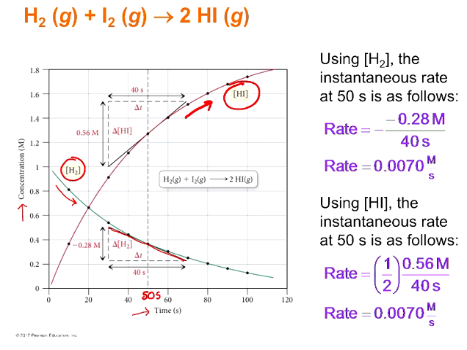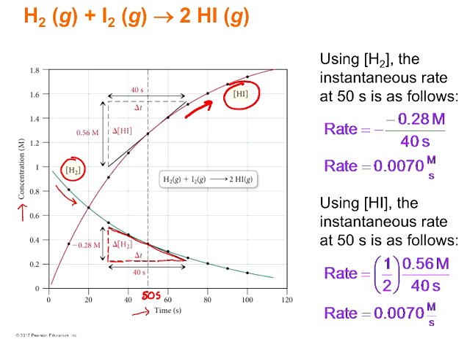So we're going to determine the change in our y-axis and then the change in our x-axis for that line. So if we track the change in y, that's the change in concentration. So for hydrogen, we're losing 0.28 moles per liter. And in terms of time, this is a time period of 40 seconds.